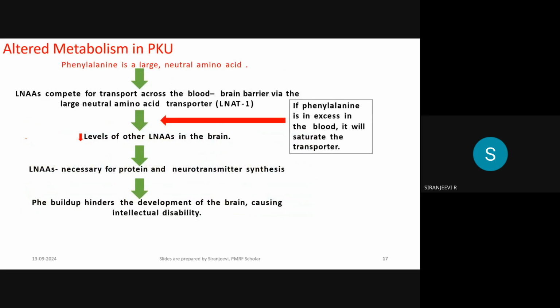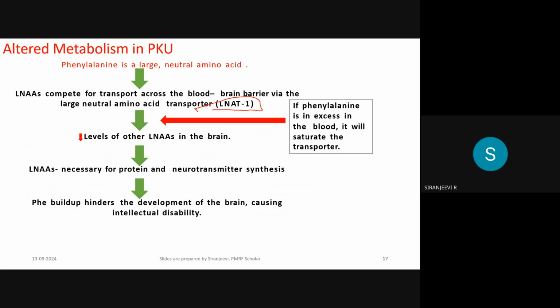And finally, there is one receptor called LAT1 that is used by these large neutral amino acids such as phenylalanine or tryptophan or tyrosine. Whenever the phenylalanine levels are so high in the body, these large neutral amino acids compete for the transport across the blood-brain barrier, where the large neutral amino acid transporter is called LAT1.